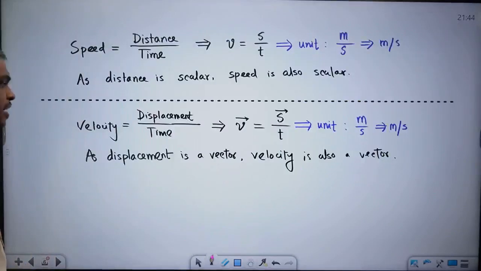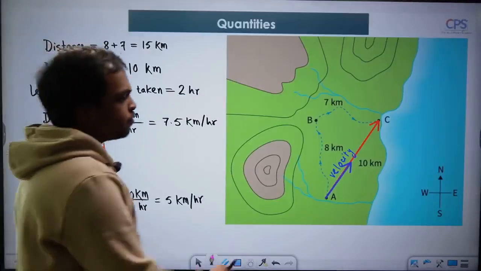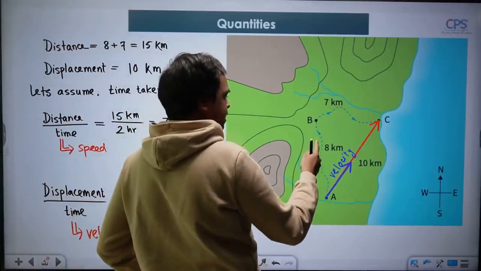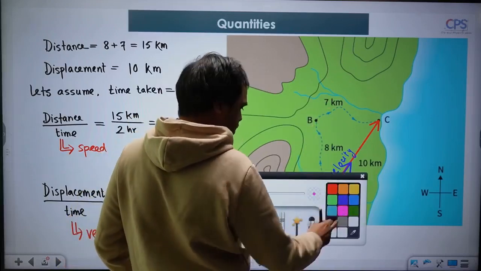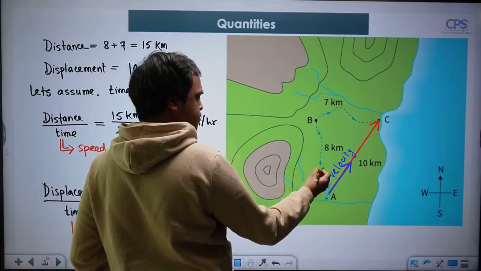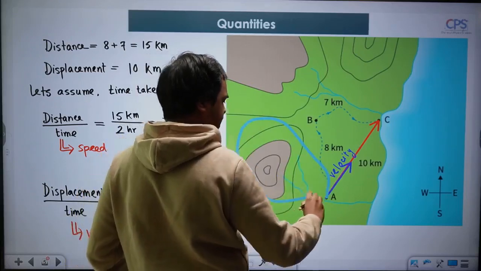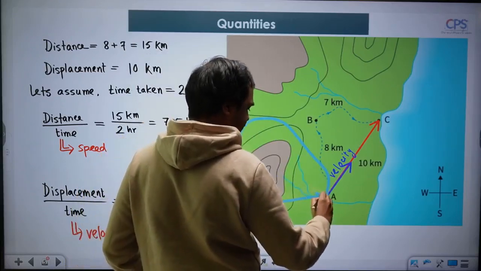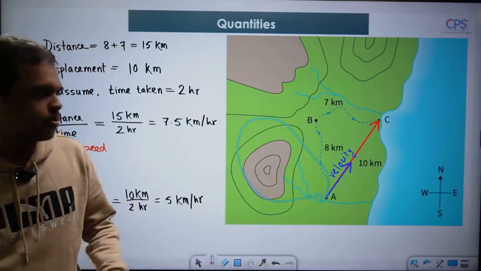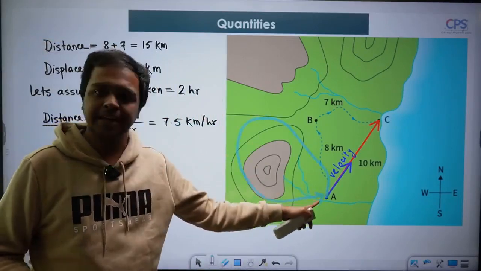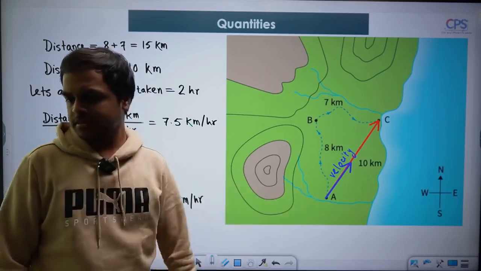See, in the previous examples, if we started here and reached all the way, like this one, follow me. If we started here and reached all the way at the end at position A itself, the distance will be something, but the displacement will be 0.